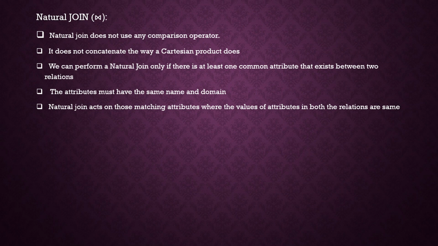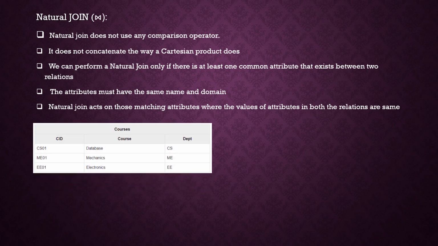Natural join acts on those matching attributes where the values of attributes in both the relations are the same. Then only it's possible to perform natural join. So natural join is something different from the join operation or cross product.